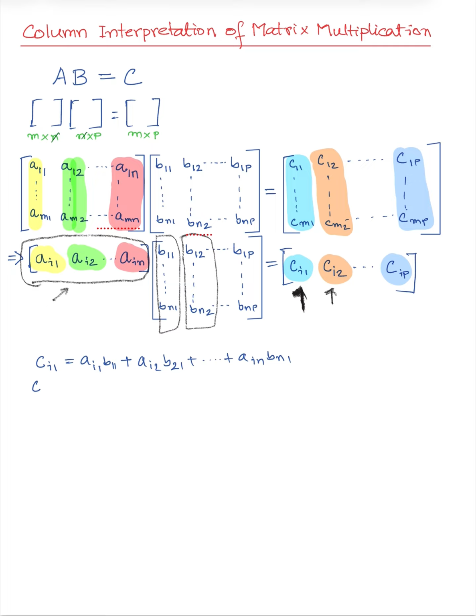So we can write CI2 is equal to AI1 B12 plus AI2 B22 plus AIN BN2.